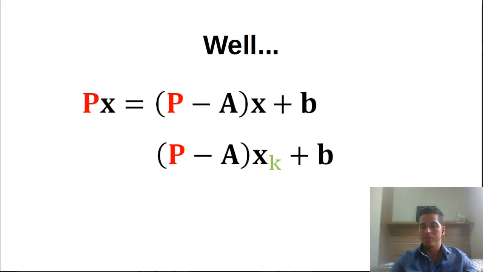So first, let me just calculate the right-hand side for some x, for example, x0. Suppose x0 is the zero vector. I know P. It's a matrix that I choose, like I, the identity matrix. So I have P, I have A, that's the matrix of my problem. Let me just subtract those matrices, P minus A, and I have xk equals 0, the zero vector, and I have b. So I have a first choice for my right-hand side.